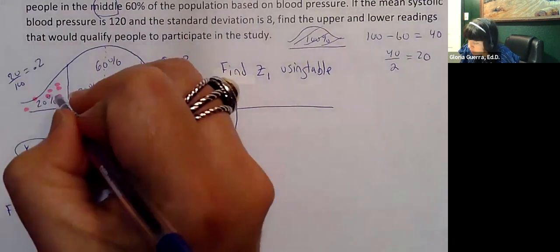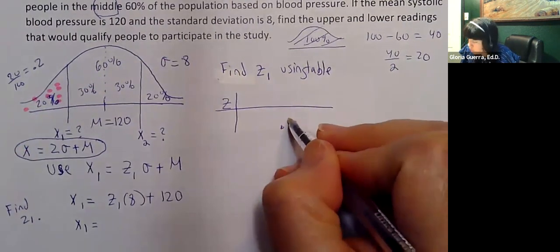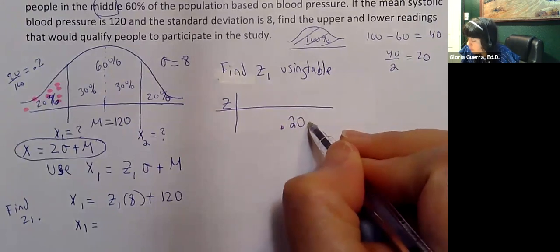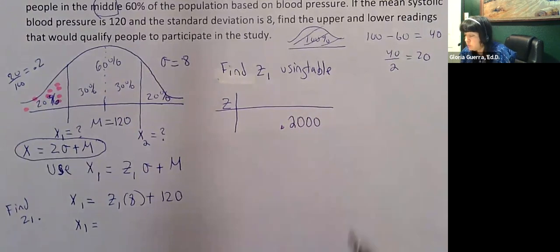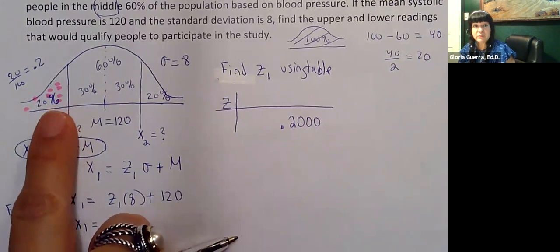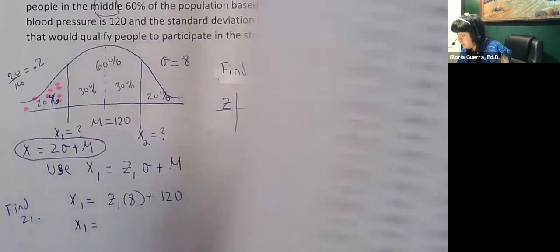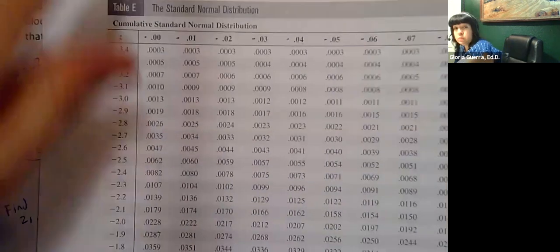So I'm trying to find 0.2, or 0.20, or you can say 0.2000. And I'm on the negative side because I'm to the left, so I'm going to look up on the negative side.